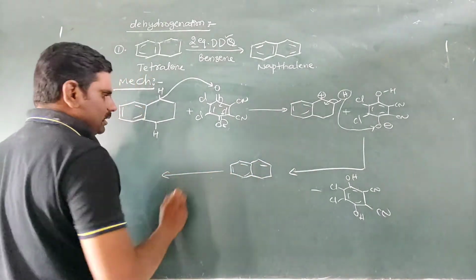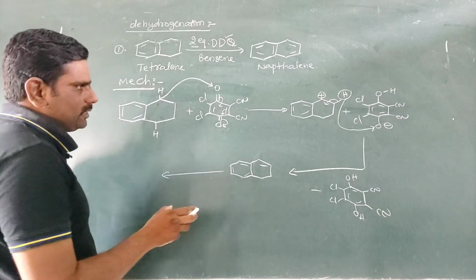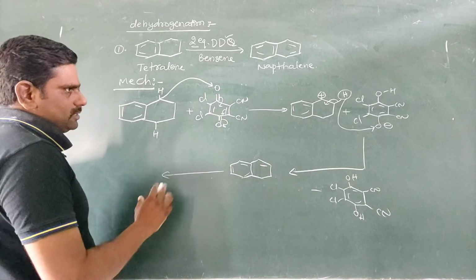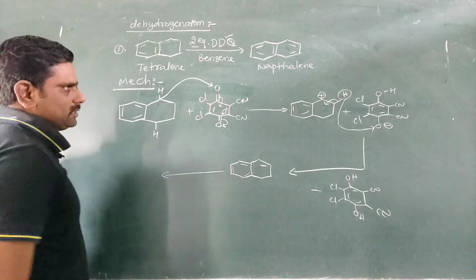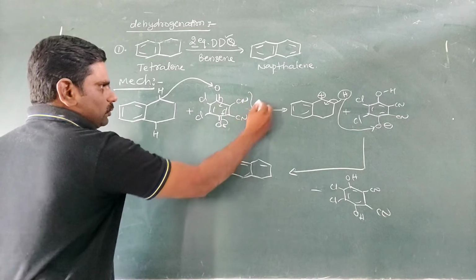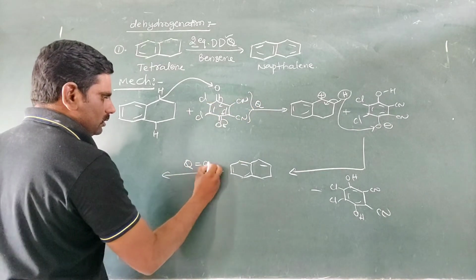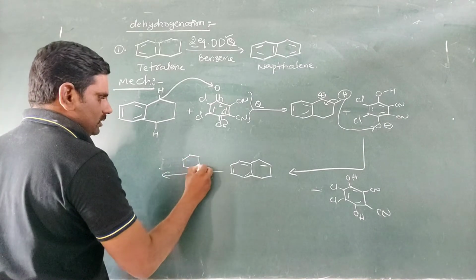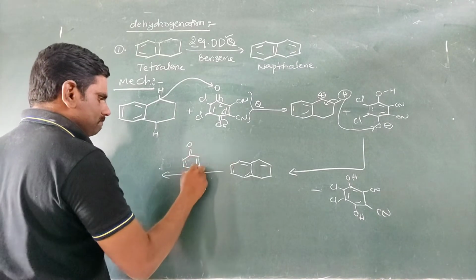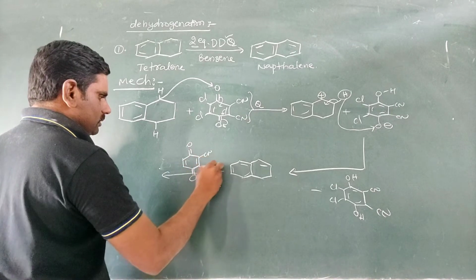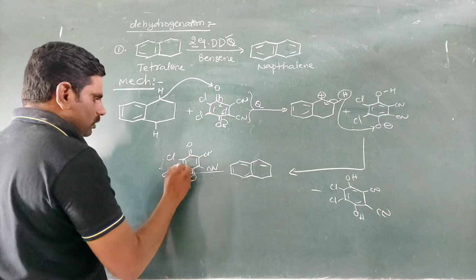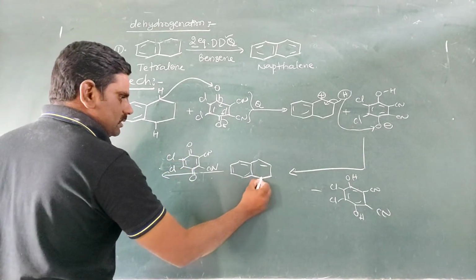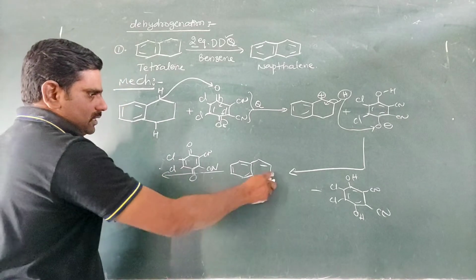Now, another mole of DDQ. In order to save time, to avoid repeatedly writing the DDQ in the mechanism, I write this part as Q, with double bond O, double bond O. Or you may write the DDQ structure initially. See here. So the second mole of DDQ is going to be involved here. See here another benzylic position, of course allylic also there.